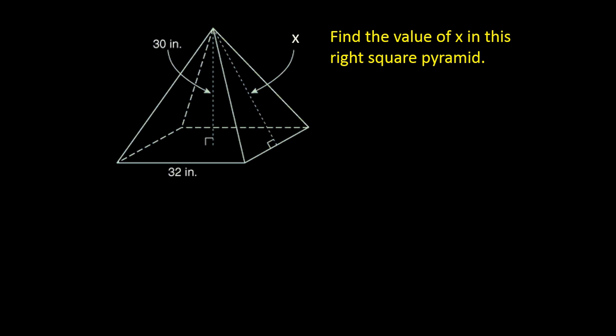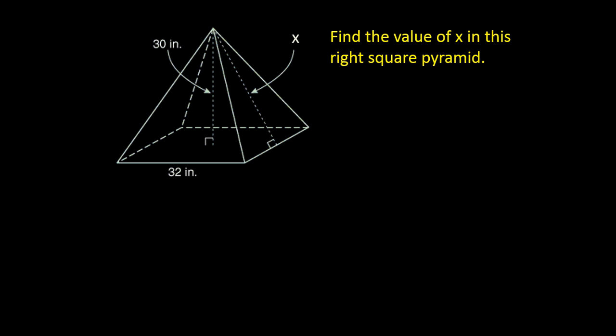That's actually something called a slant height, and we will need to be able to use a slant height when we are finding surface area of three-dimensional figures. But in this case we're just finding the length of x.